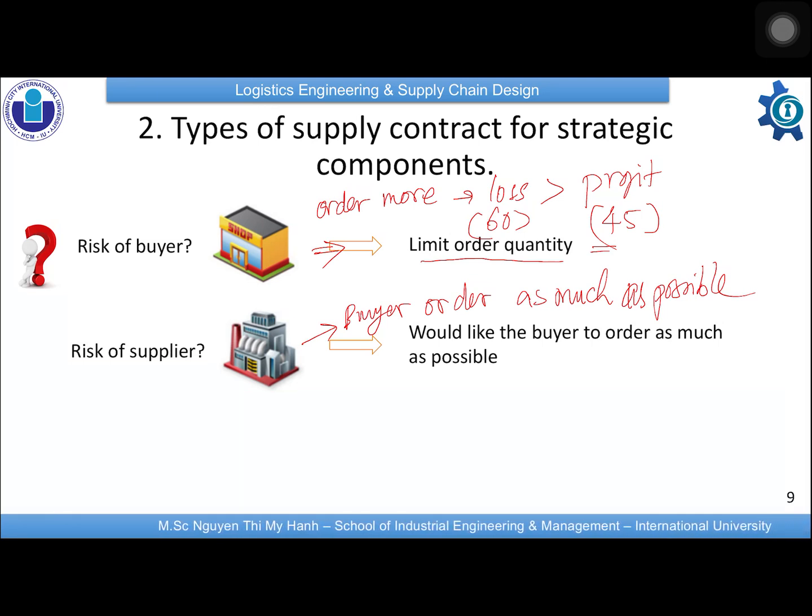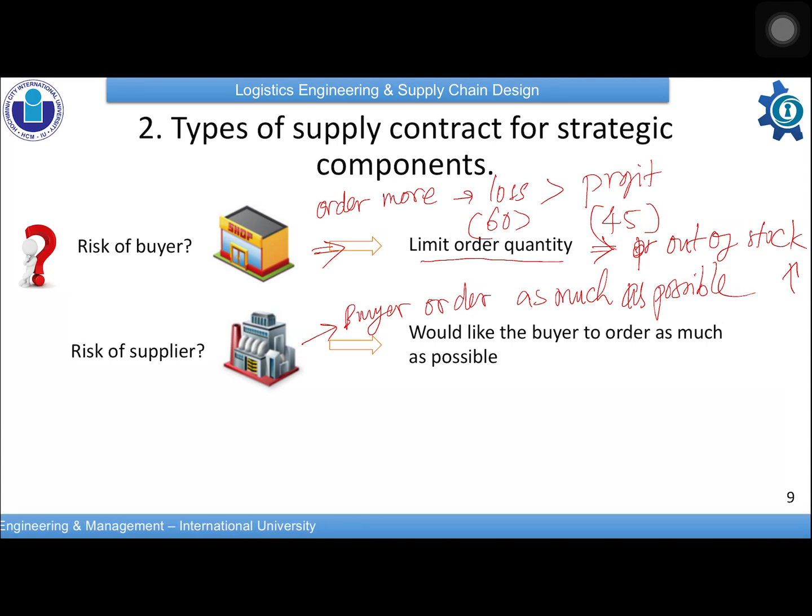So when the buyer limits the order quantity, is it a good option for them? No, right? Because if they limit the order quantity, it means they have less inventory, and the probability of out of stock will increase.